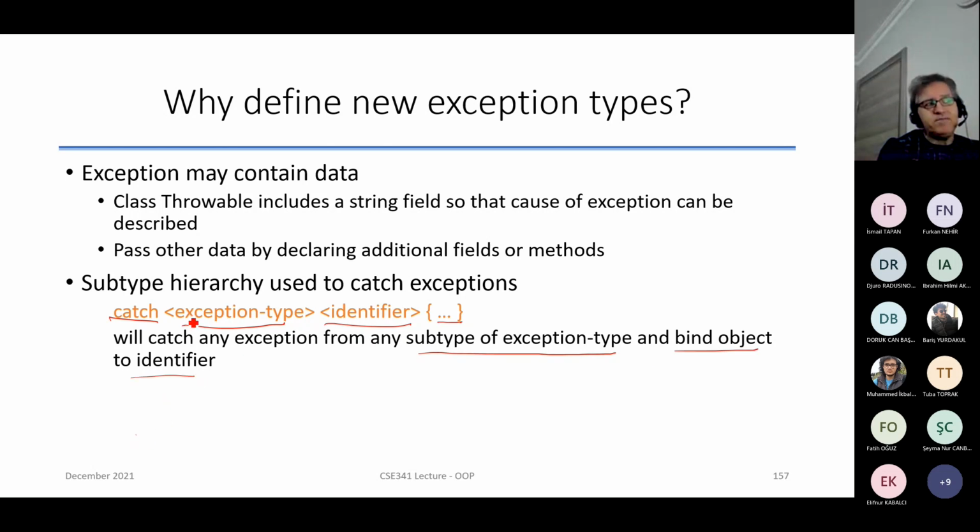If prior to this, in the block before, there might be multiple exceptions thrown, the one that is a subtype of this type will be caught, and the identifier is going to be associated with that one. That thrown object is bound to the identifier, and you use that identifier here to refer to that object.